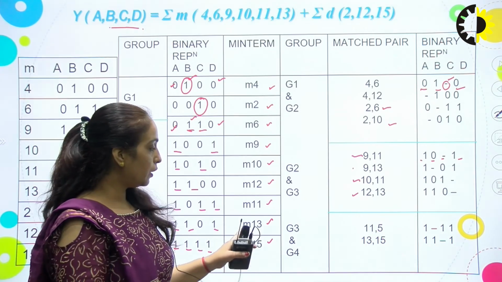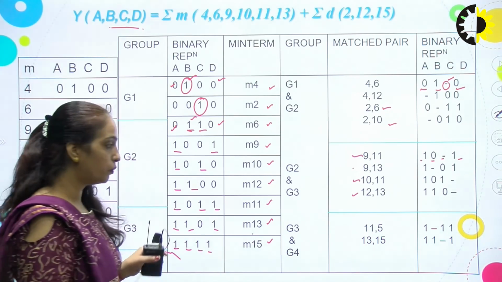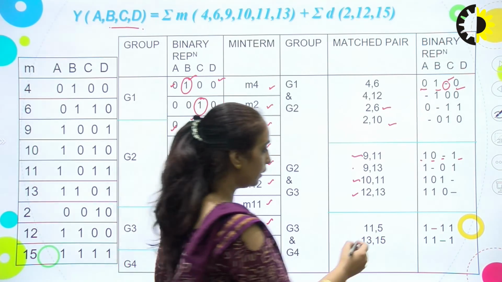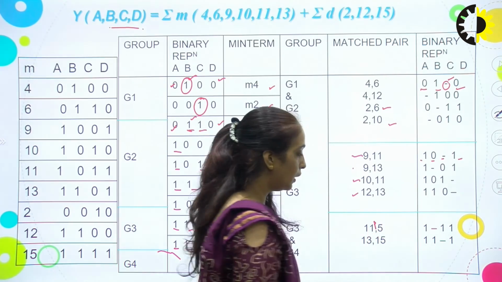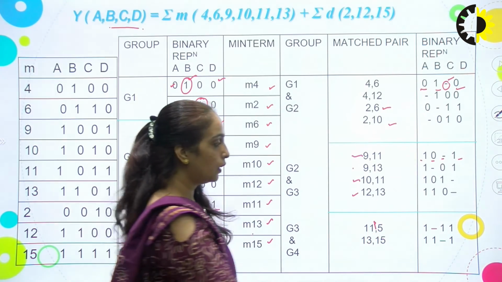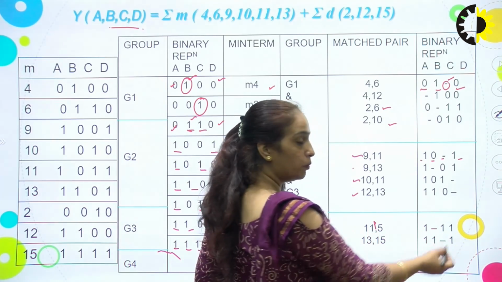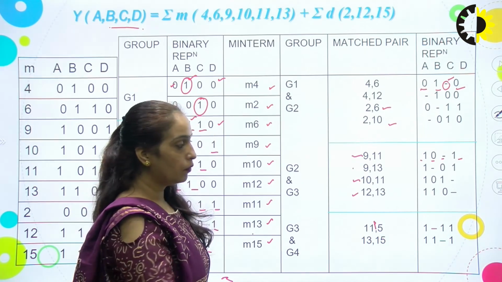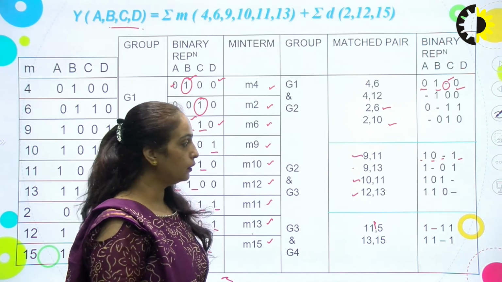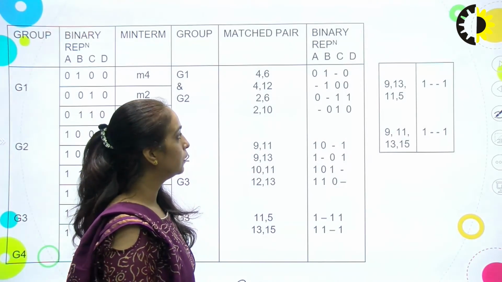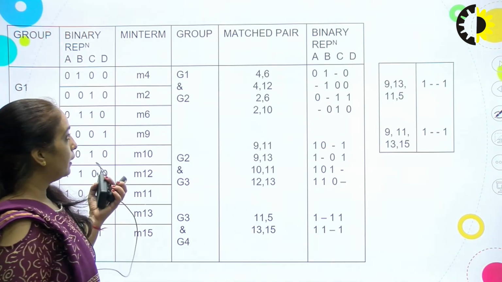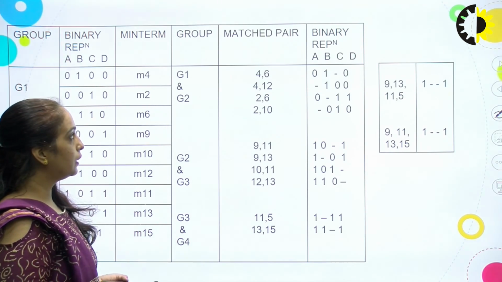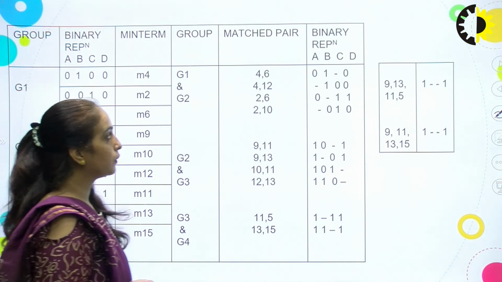Lastly, we are going to compare group 3 with group 4. 11 and 15 will be compared, and we are going to have 1, B will be removed, 1, 1, and then 1, 1, C will be removed, and 1.